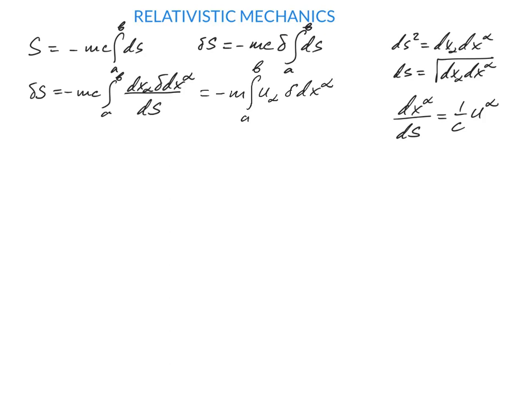Now both variation and differential are linear operations, which means that delta of dx alpha is the same thing as d of delta x alpha. So I can again rewrite this minus m integral from a to b u alpha d delta x alpha.